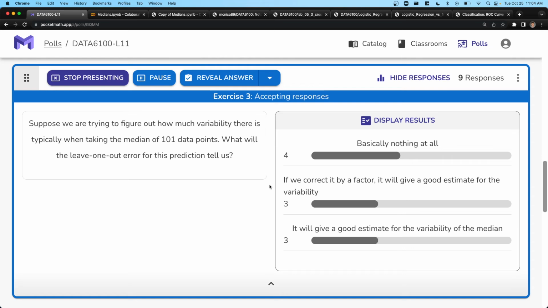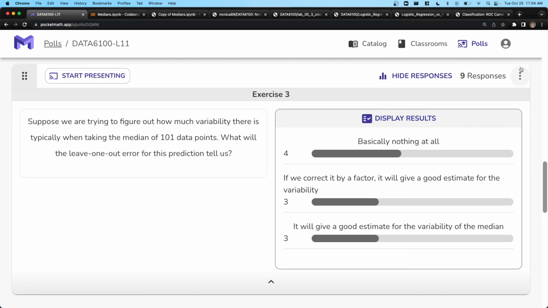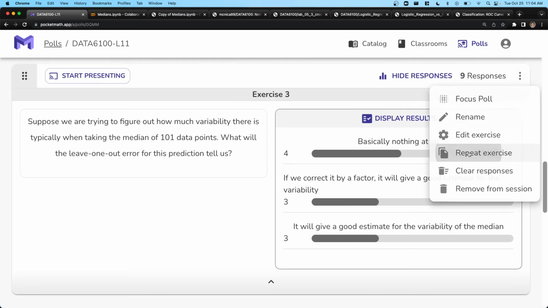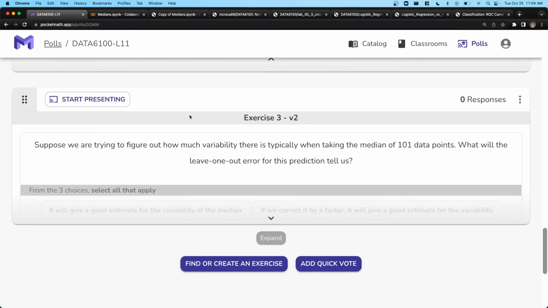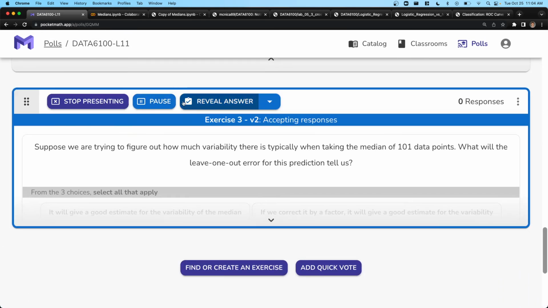I answered not sure. I think it's about the problem, if the correct factor. I'm not sure if we can correct by a factor, but I can answer that one on its own, it won't tell us anything.